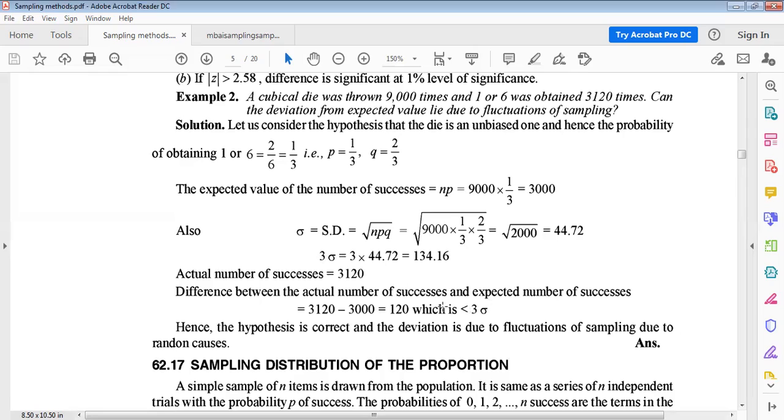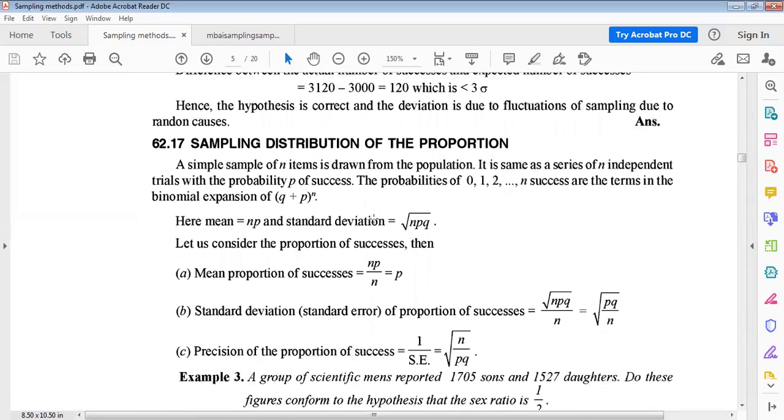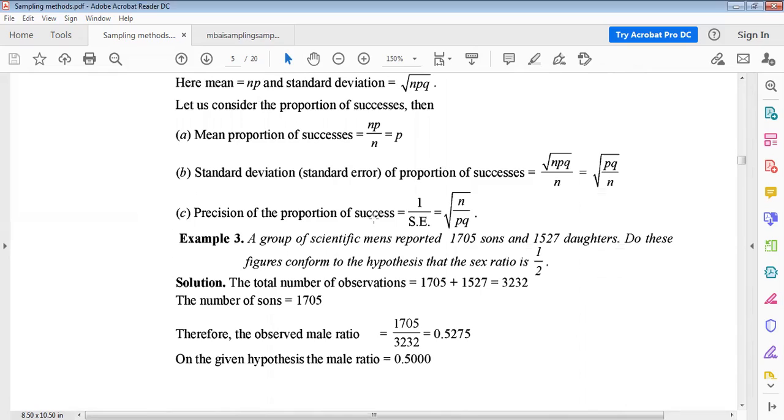Hence the hypothesis is correct, and the deviation is due to fluctuations of sampling, due to random causes. This is the example of a sampling method. Remember, the mean proportion will be this, the standard deviation of the proportion of success will be this, and the precision of the proportion of success will be this.